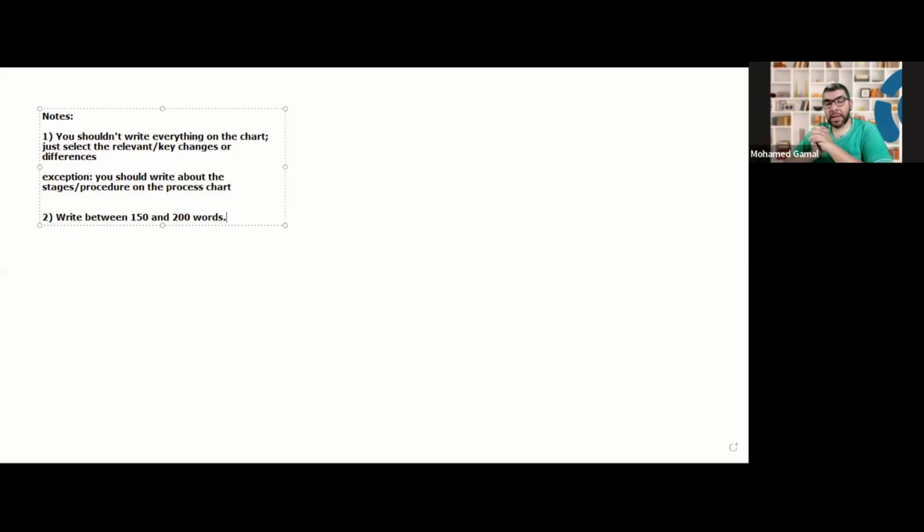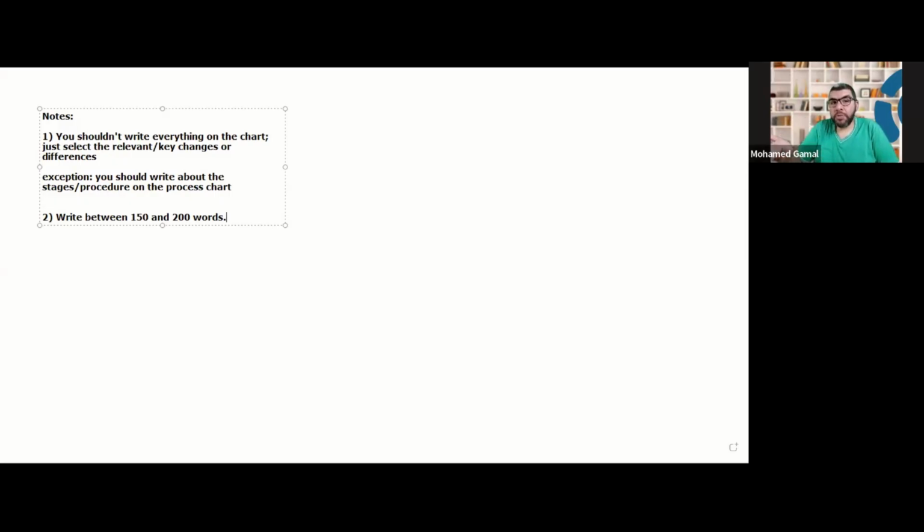Because in the marking criteria of writing task 1, in Band score 5, it says there might be some focus on details. And I don't want you to focus on details. I want you to focus on key things. Again, remember the average wording is between 150 and 200 words.